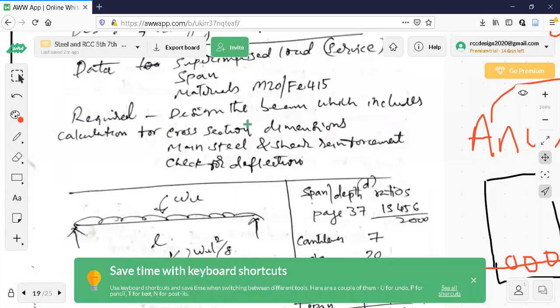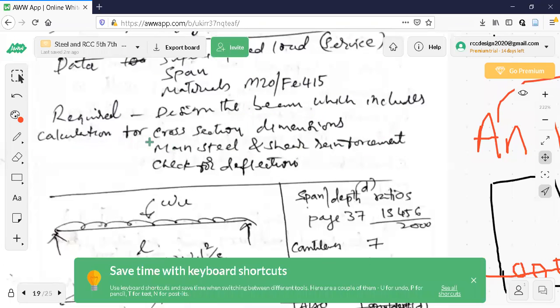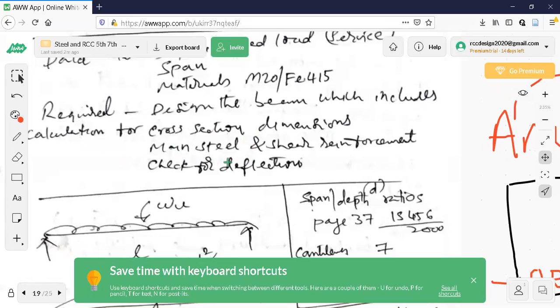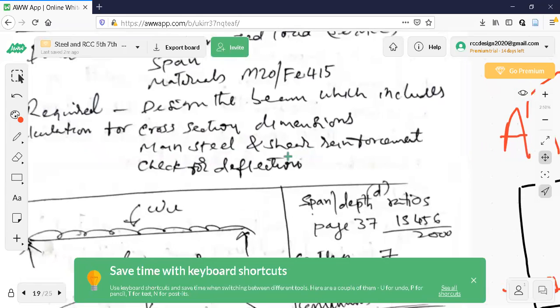Now required, design the beam which includes calculation. See this cross section dimensions B and D, B and small d as well as capital D. Main reinforcement, how many bars of what diameter? AST calculation is there. AST has to be calculated. So cross section dimensions, AST, then shear reinforcement you have to provide.